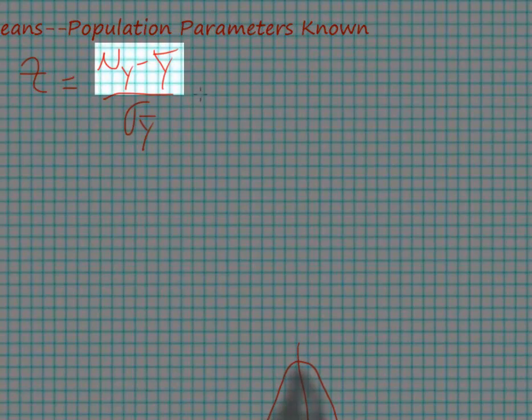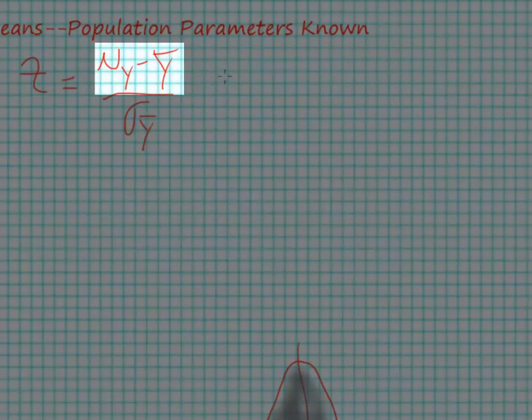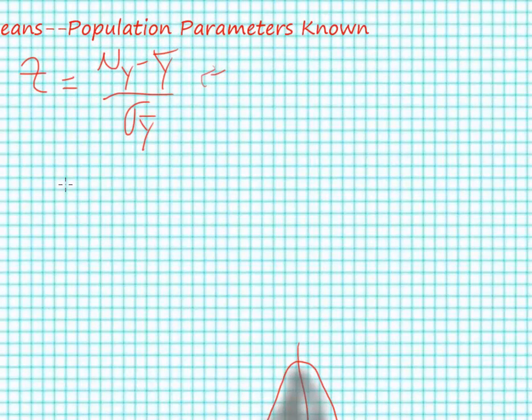What I would need to do is take this formula and solve for the difference in the numerator. So I can do a little algebra here, and I can get my difference equal to a z-score times the standard error.